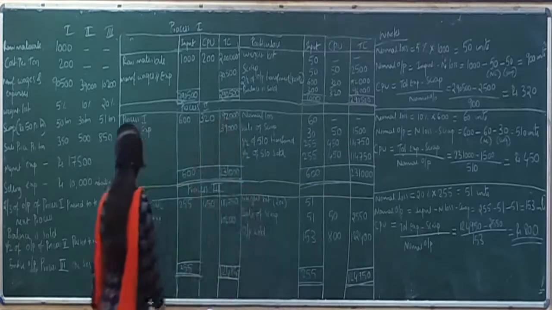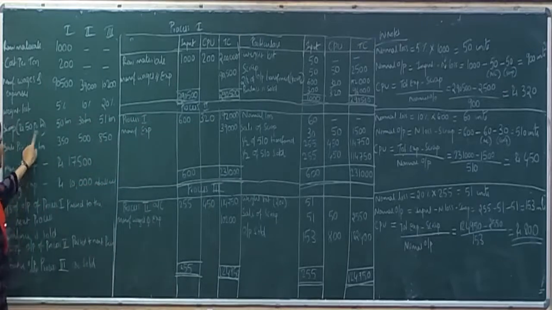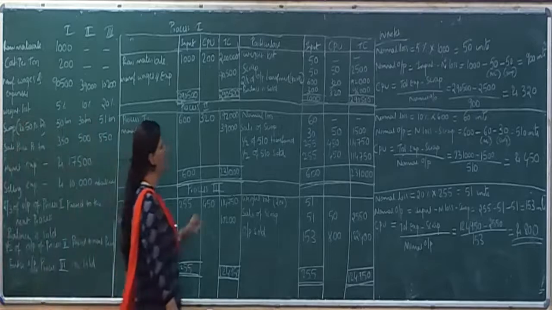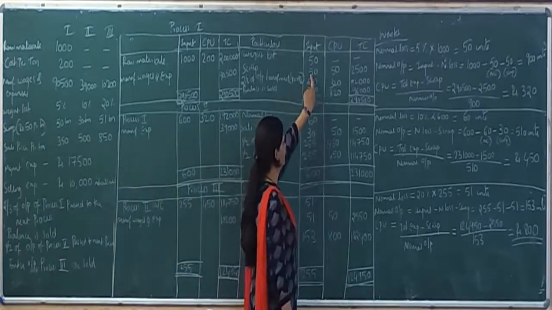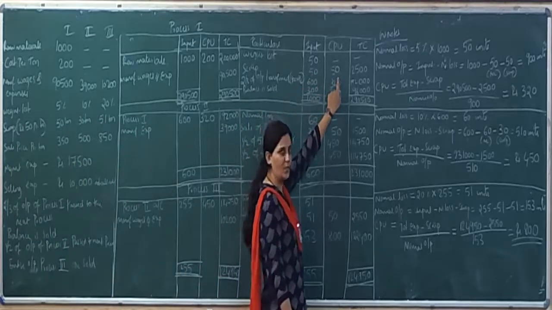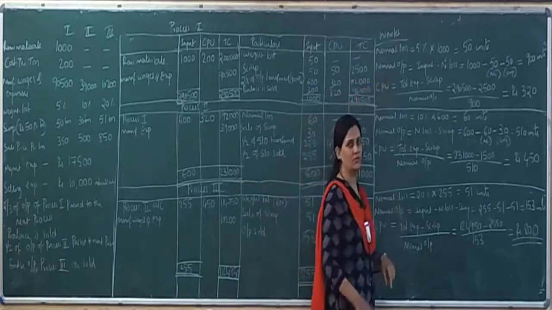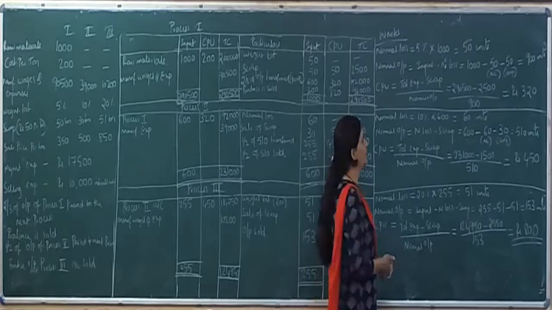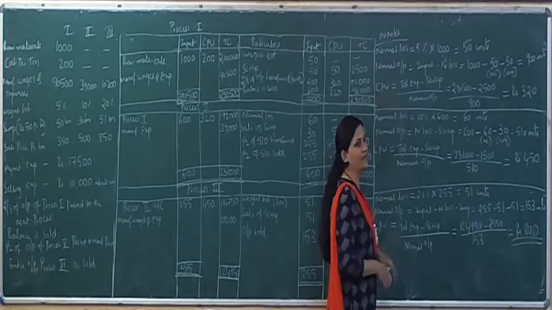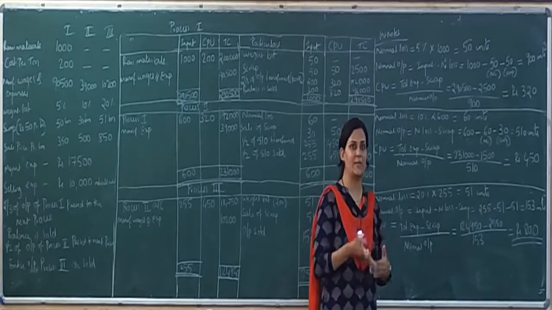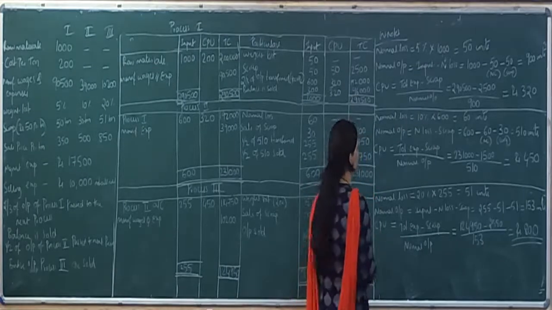Next they have given scrap value, right? So scrap value is 50 per ton for 50 tons in the process 1. So scrap 50 input and 50 is CPU, 2500. So once we find out normal loss, next we need to find out what is the normal output which the company should be producing, right?